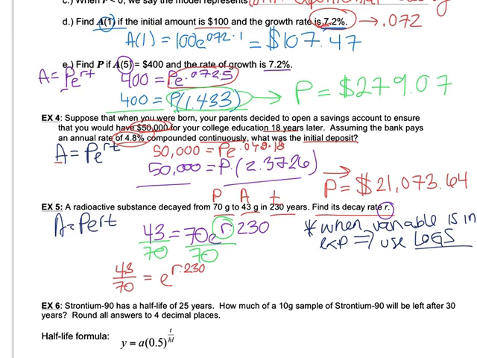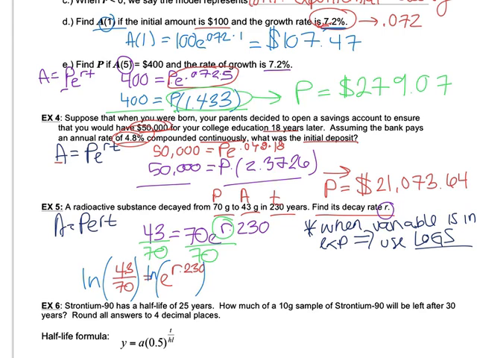So the log with a base of e would be most useful to us here, which means we can just use the natural log function and apply it to both sides. So I apply the natural log function to 43 over 70, and then I apply the natural log function to the other side as well.